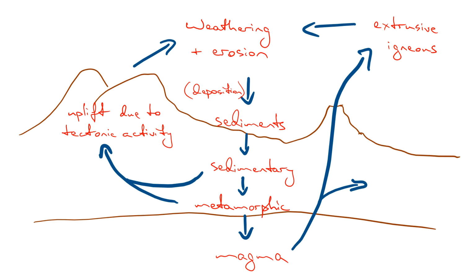Extrusive igneous rock has another name. It came out of a volcano, so we can also call it volcanic rock. Now, we've got an arrow going off to the left because this igneous rock could also be weathered and eroded and broken down to our sediments, and so we're going around and around.